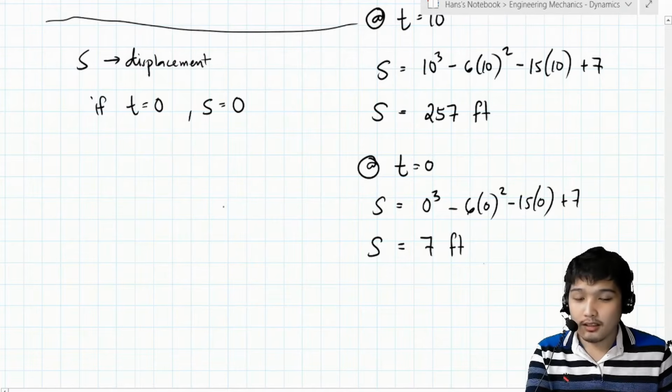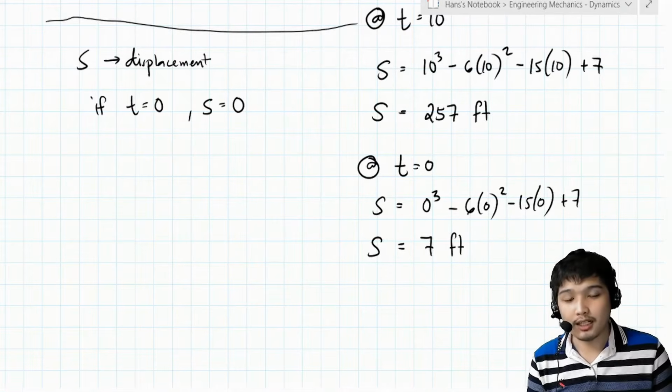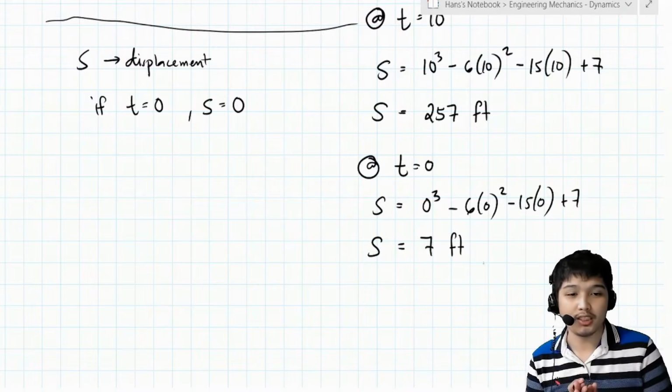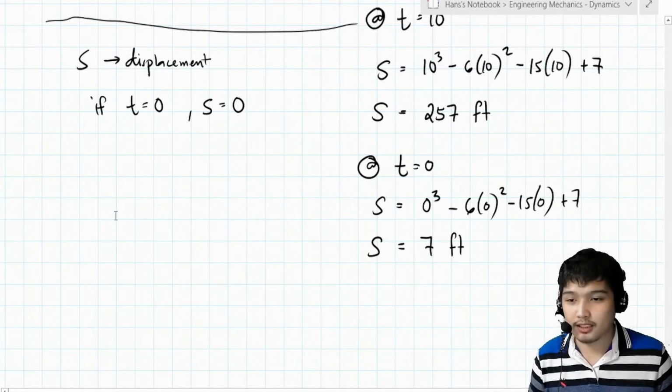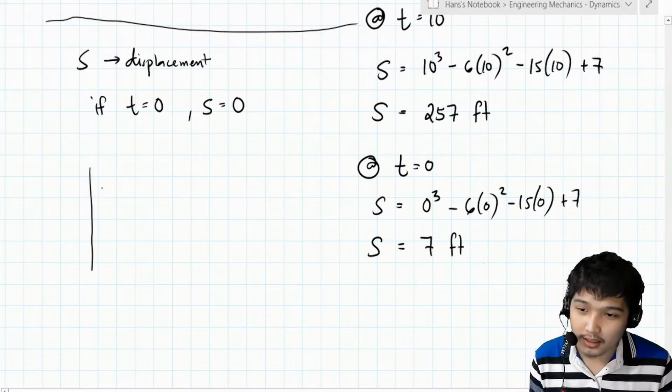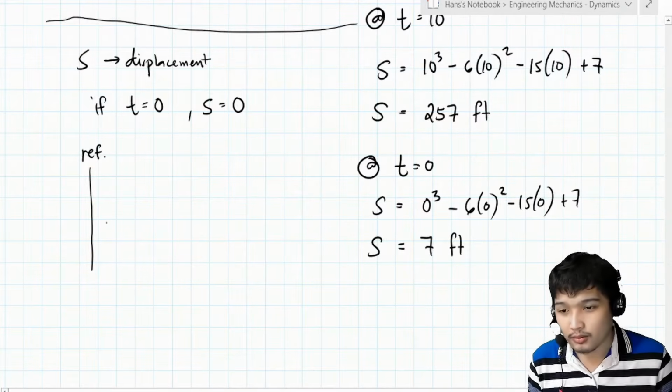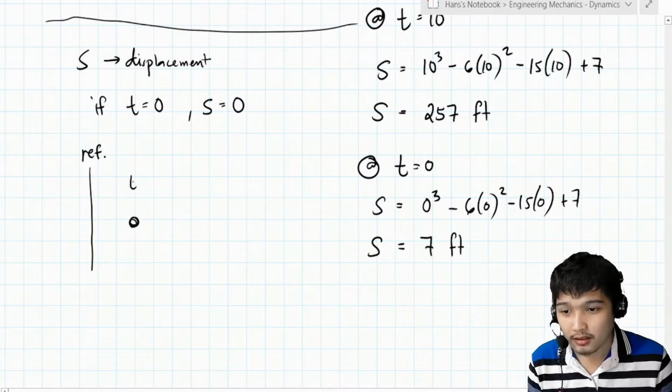Okay? So, ano yung sinasabi nito, guys, na yung reference niya, yung pinagbasihan niya ng measurement is hindi yung initial position niya. Okay? So, ang nangyari dyan is that, kumbaga, ito yung reference line. At time is equal to 0, andito siya.